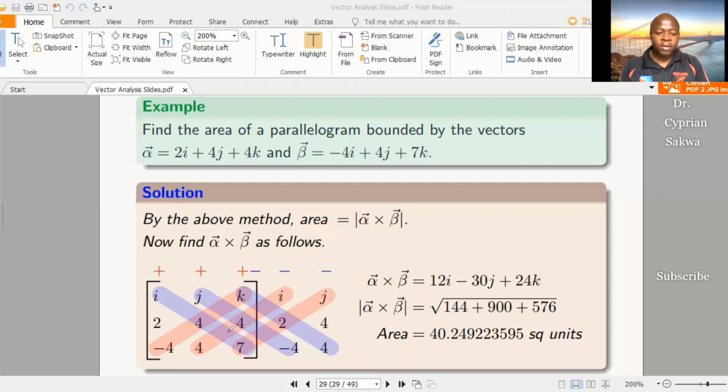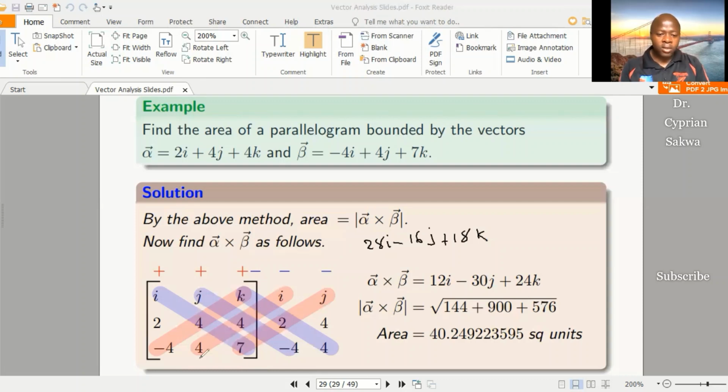And you notice that we have three diagonals running from top left to bottom right. Multiply along these diagonals and add the result. So for instance, this will give us 28i, this will give us -16j, and this other one will give us 8k.